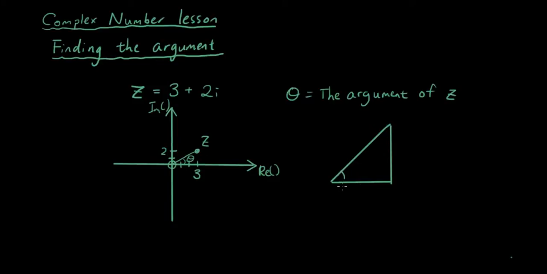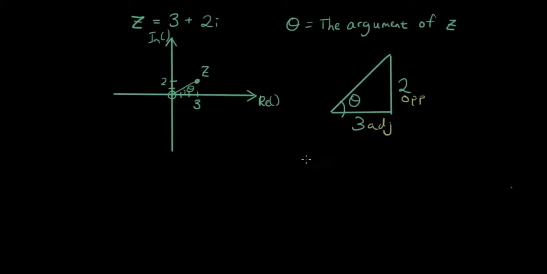We have theta here, and we have 3 units on the x-axis and 2 units on the y-axis. Now, if you remember the trigonometry ratios, we have the opposite side and the adjacent side, and the ratio that we're going to use is tangent, because tan theta equals opposite over adjacent.